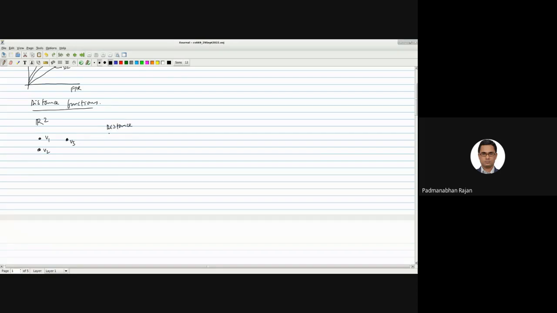So the distance measure, d of v1, v2, and the distance between v1 and v3. We wanted to be able to say that the distance between v1 and v3 is larger than the distance between v1 and v2. So we wanted to say that this distance was more than this distance, right? And the framework of the vector space gave us a mechanism.